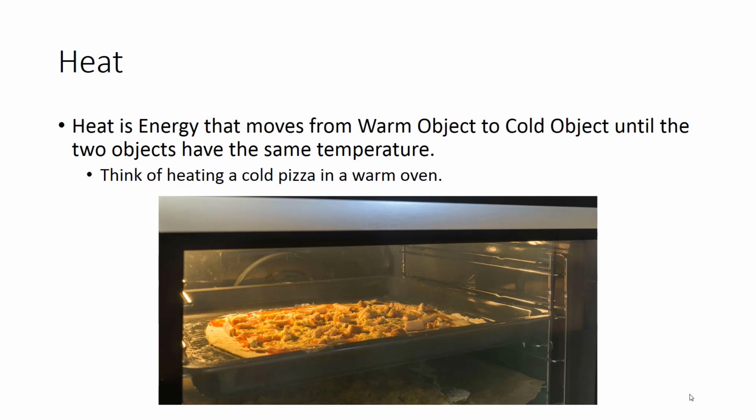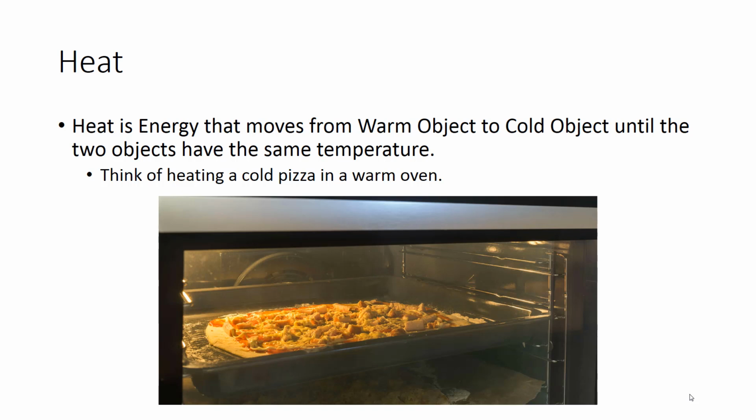And the way that heat works is heat moves from warm objects to cold objects until the two objects have the same temperature. And so, my favorite example of this, as I just alluded to, was the whole pizza idea.